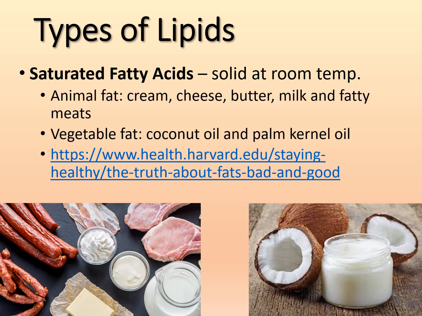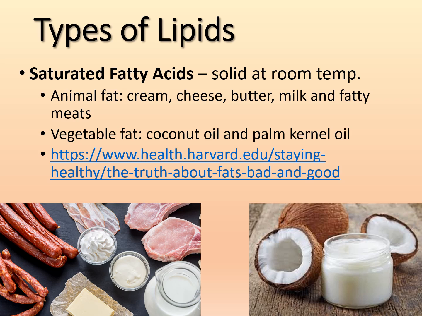So these guys are going to be found in your animal fats and your vegetable fats. Okay, so any sort of cream, cheese, milk, butter, fat that's found in meats, right? So animal fat is where we really are going to find those saturated fatty acids.